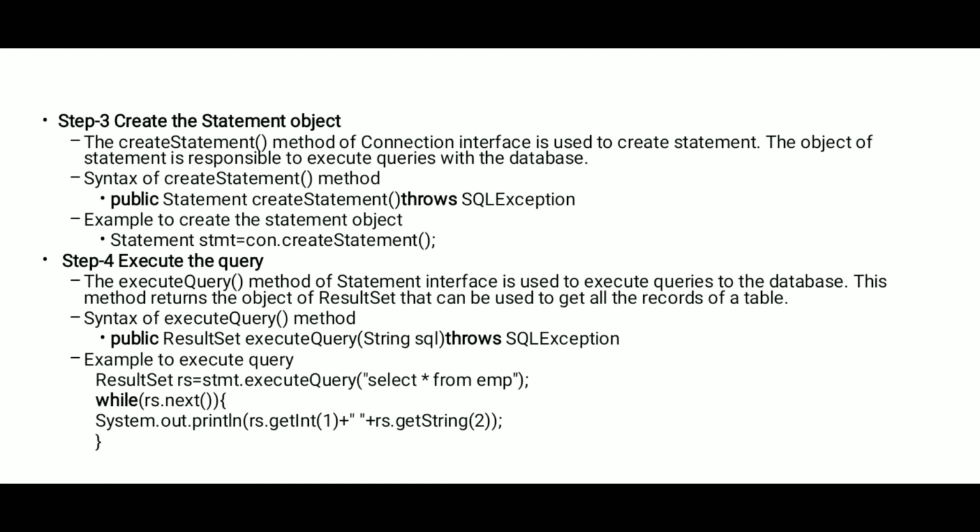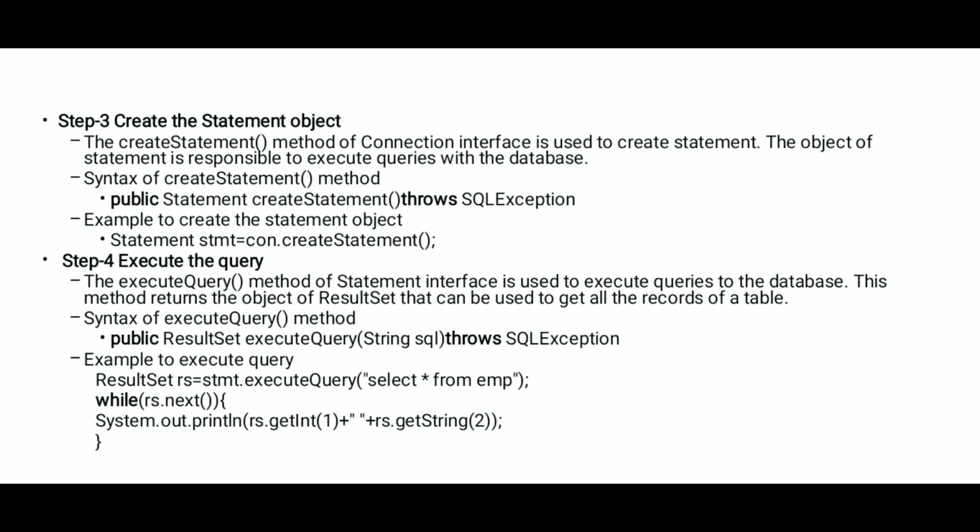For example, here we create a ResultSet object rs, and the statement object is stmt.executeQuery, and as parameter we pass one query: select * from emp. To fetch the data one by one, we use a while loop and the next method. Using System.out.println, we print out the values of the employee table.